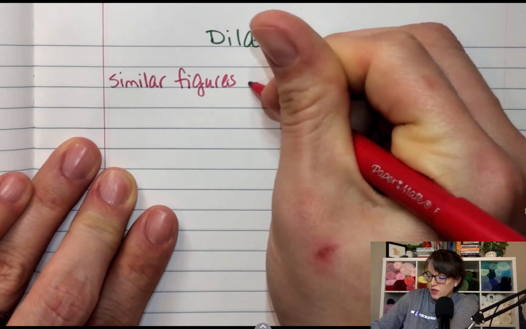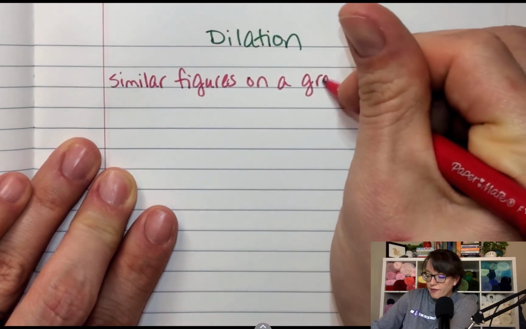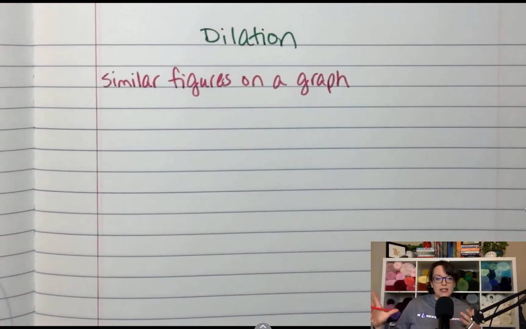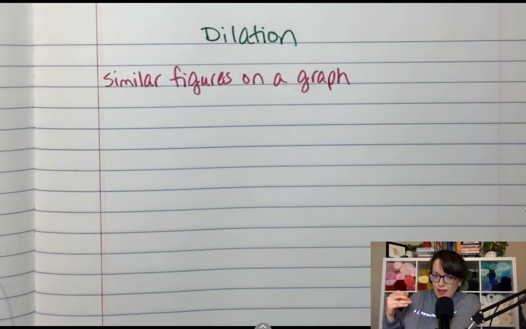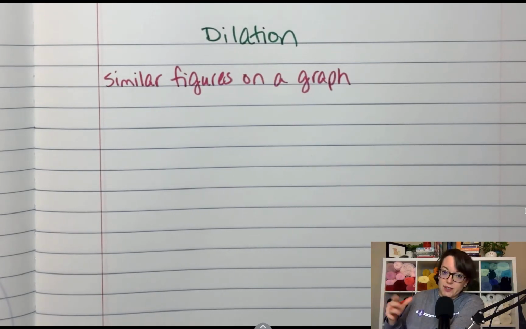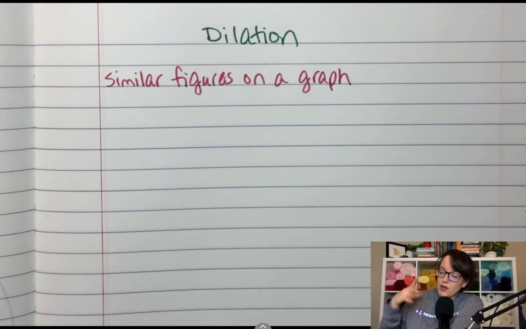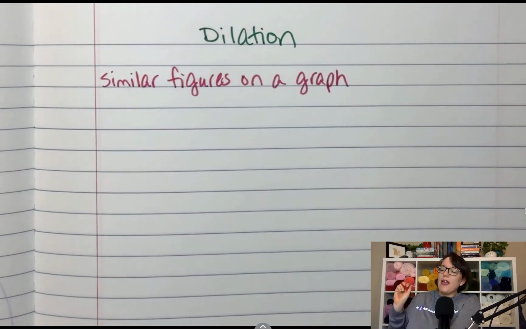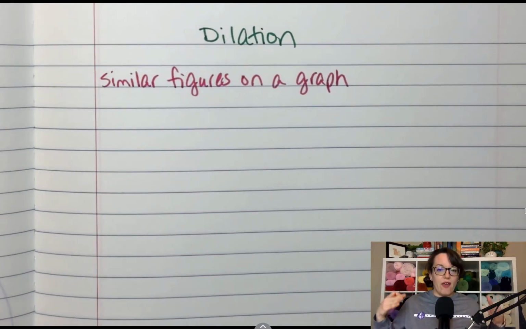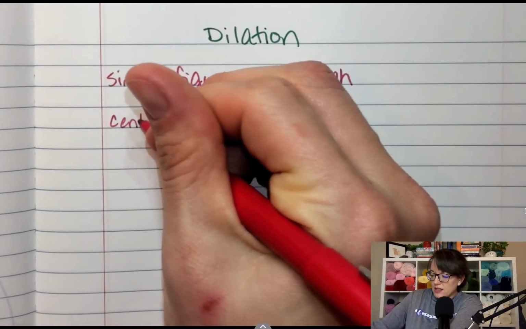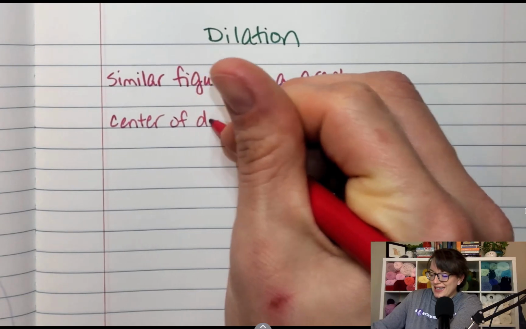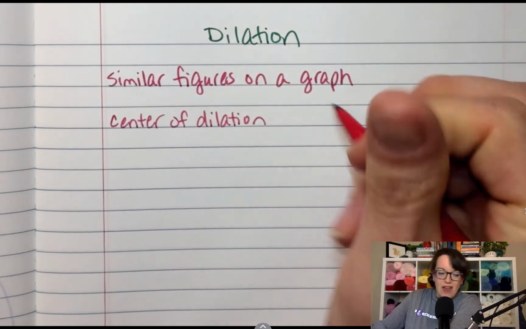We're going to be looking at coordinates, and you'll see. Usually we talk about art. Anybody in art? If you've ever heard about a vanishing point, dilations and vanishing points go hand in hand. The center of dilation is our vanishing point.